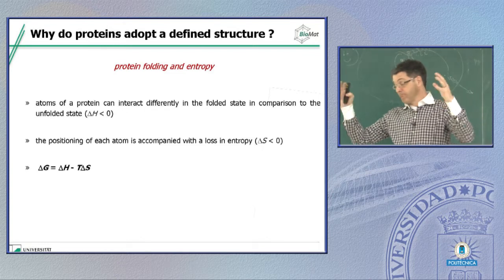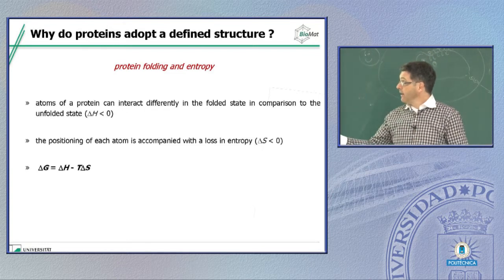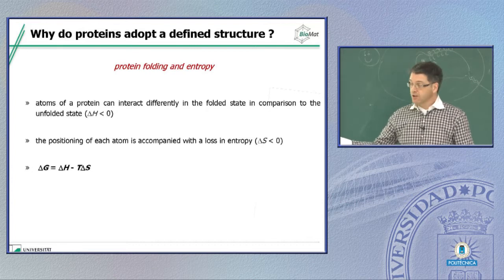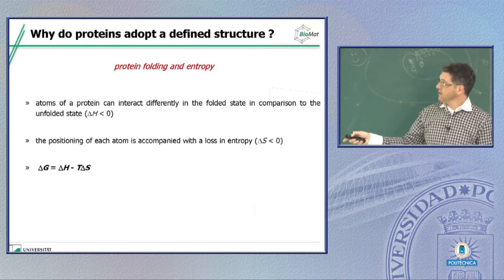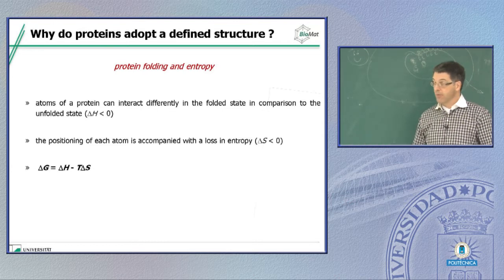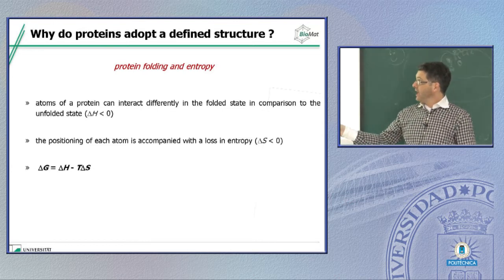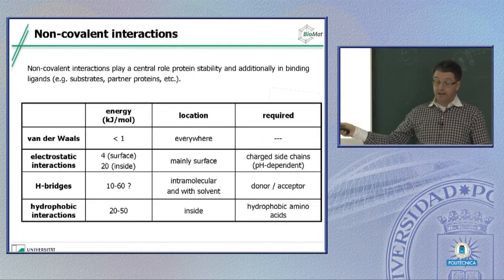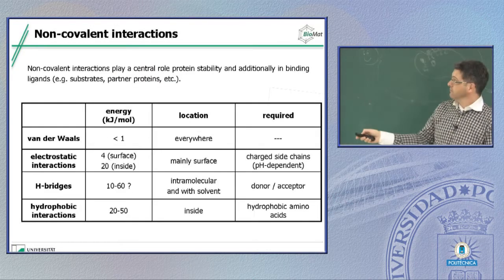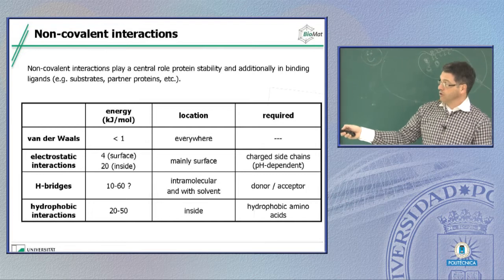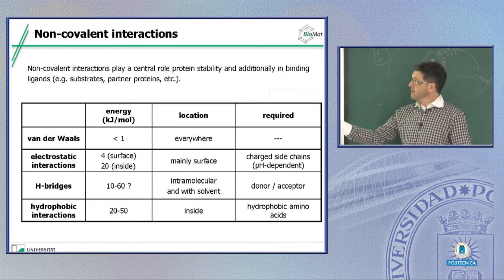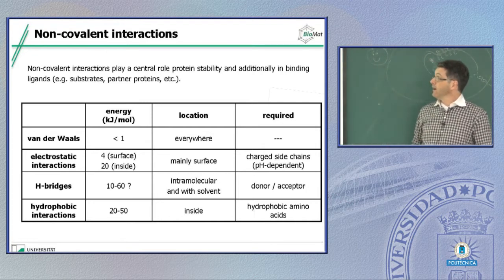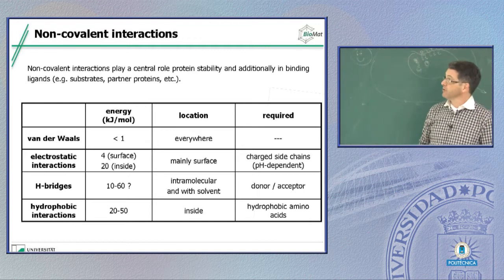And we can actually bring this all together by the term here. So this is the free energy that we find in the system, and this is actually derived from the change of enthalpy and the change of entropy, and the latter is, of course, dependent on temperature. So this is actually the major term of protein stability, and this is actually the reason why proteins do adopt a structure.